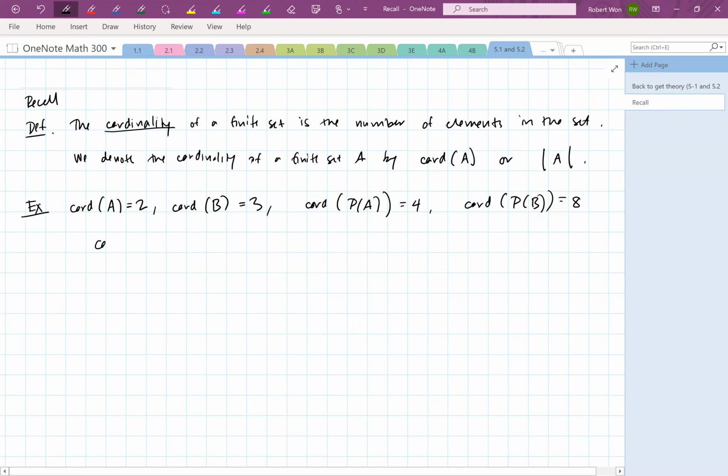Okay, quick question. What's the cardinality of the empty set? Well, the empty set's certainly not an infinite set, so it must be a finite set. How many elements are in the empty set? There are no elements in the empty set, so it has cardinality 0. But the cardinality of the power set of the empty set. Now, what's the power set of the empty set? The power set of the empty set is the set of all subsets of the empty set.